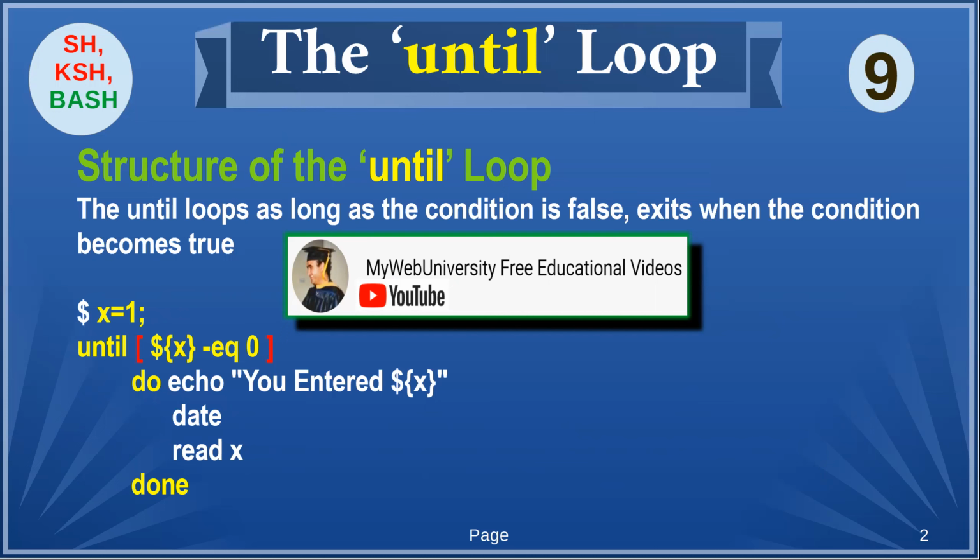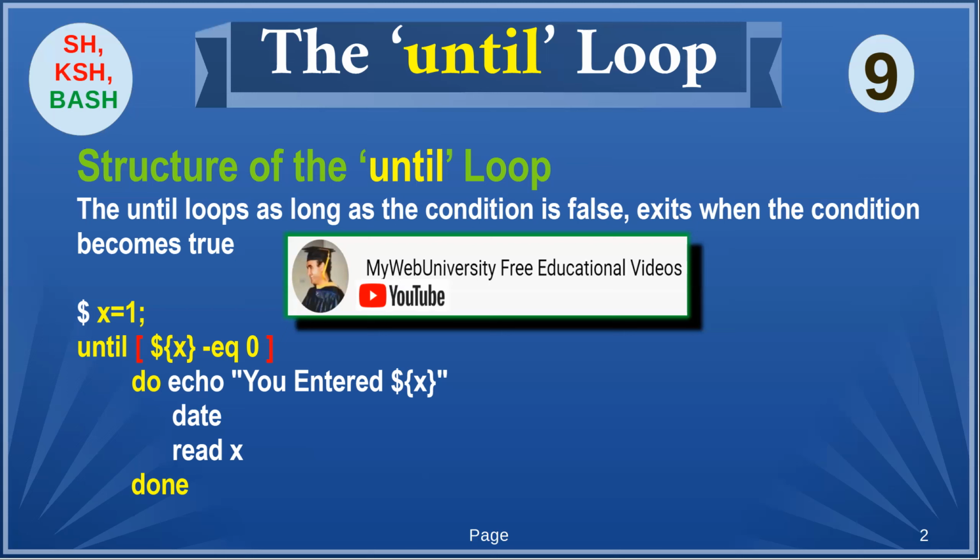So between the do and done, the statements are executed, but at some point within the do and done, you have to set the condition to false. I mean to true in this case, because it's until. With a while statement, you would set it to false.